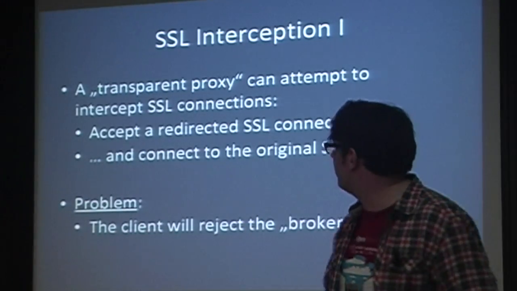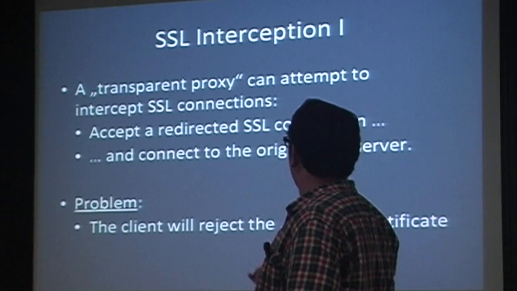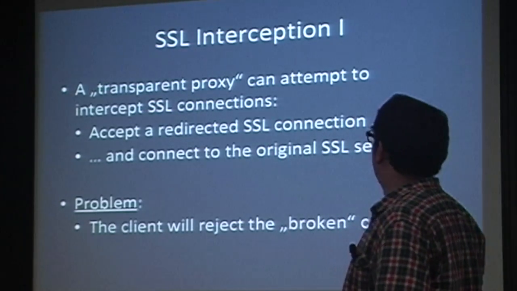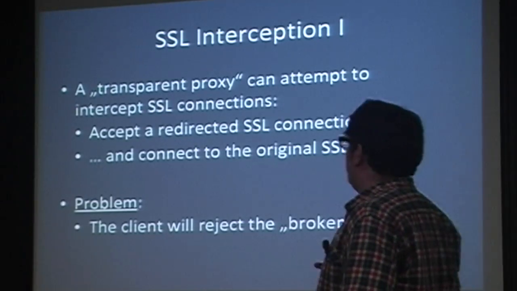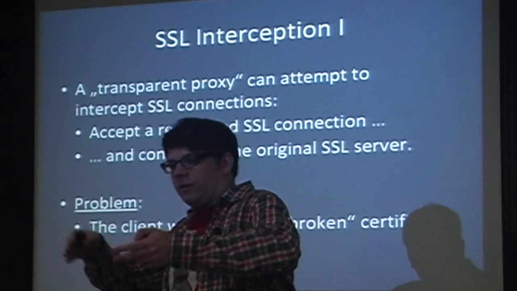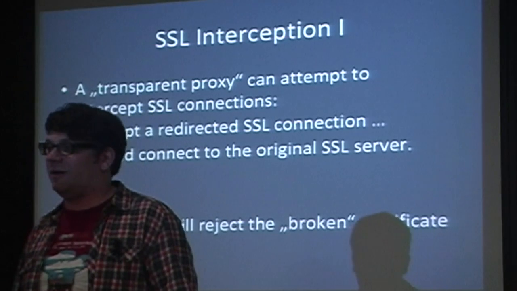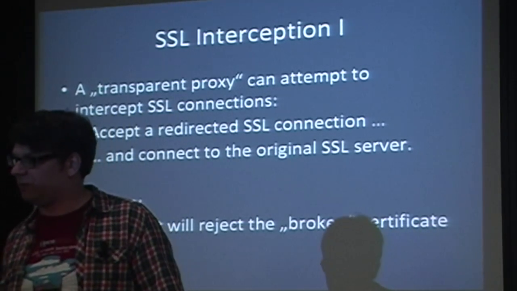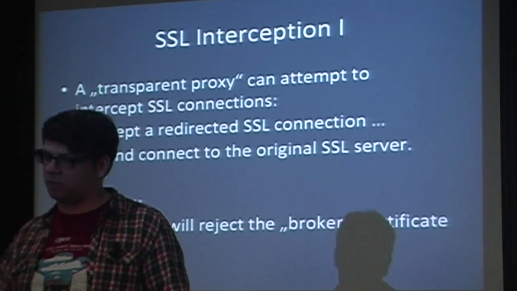So in theory, such a transparent proxy can accept a redirected SSL connection and connect to the original SSL server. Now you might think, well, it's good, now you can run it transparently on your proxy, for example, and do URL filtering for your users, enforce policies.